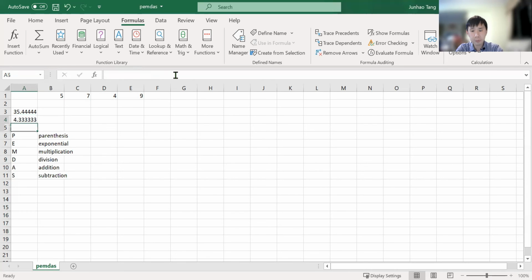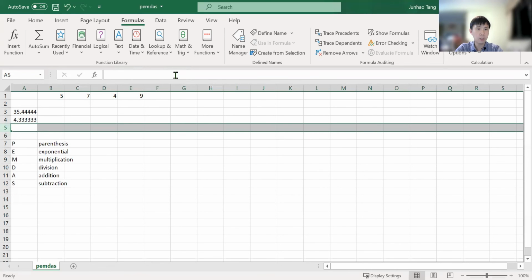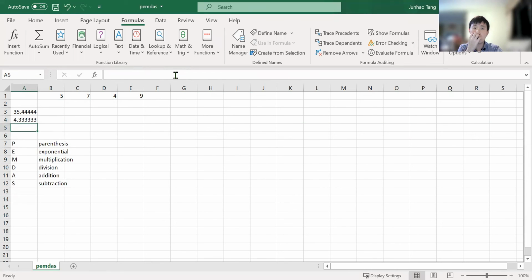If we take an example for exponential over here, let's take 5 times 7 to the power of 2, the square. So 245.